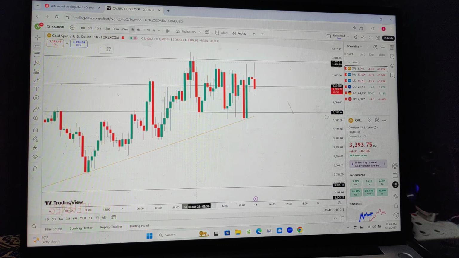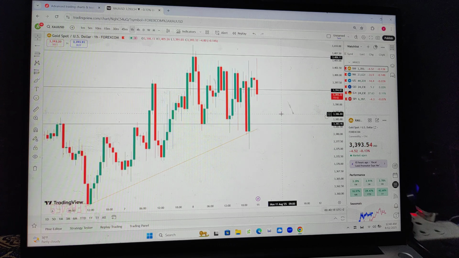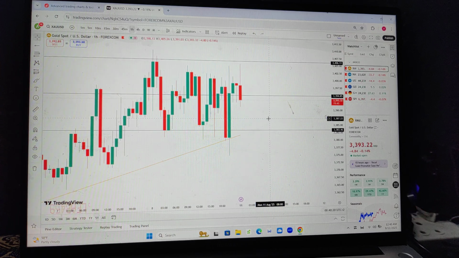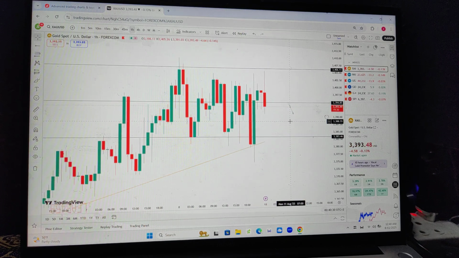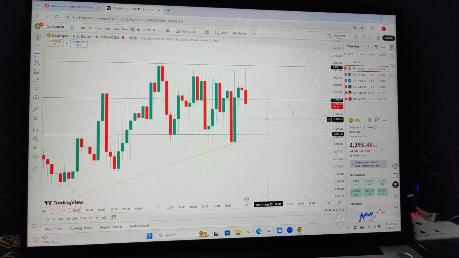Always confirm your entries. Study your candlestick patterns. But yeah, I guess this is it from me. It was just a small update on what's gonna happen this week.